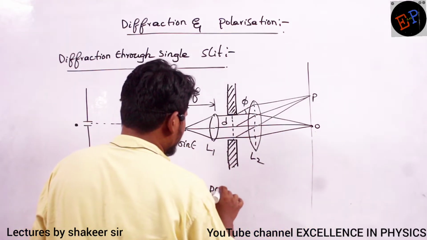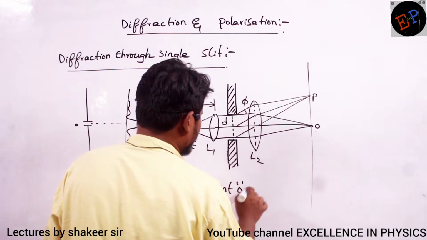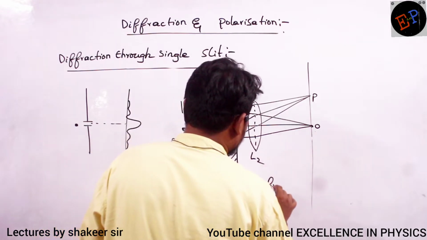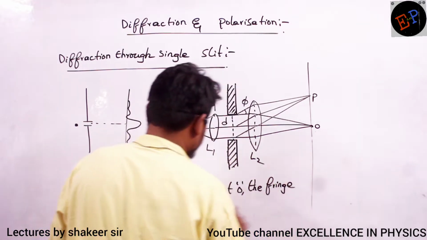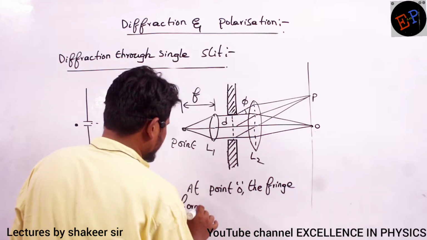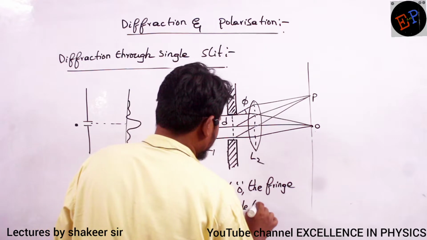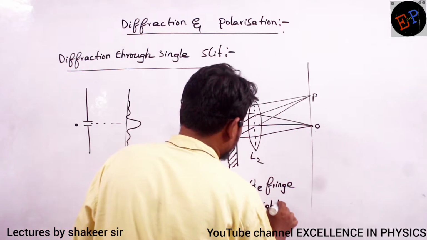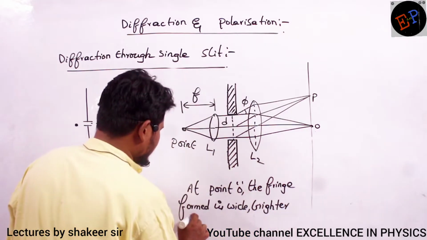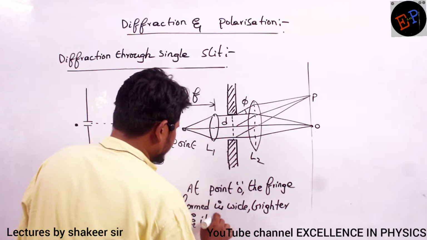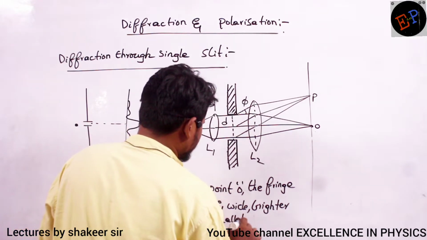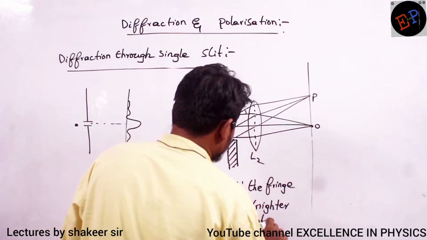At point O, the fringe formed is wide, brighter, and is called the central bright fringe.